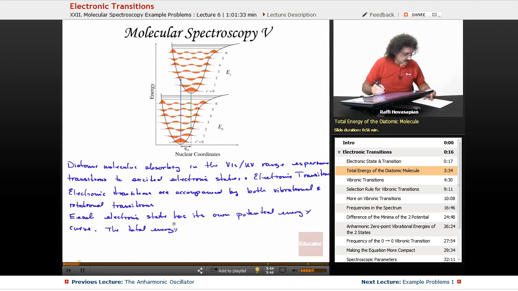The total energy then of a diatomic molecule, leaving off the translational energy, the energy of motion, and just being concerned with the electronic energy, the vibrational energy, and the rotational energy of the molecule, is E total equals the electronic energy plus the vibrational energy plus the rotational energy. That's simple.